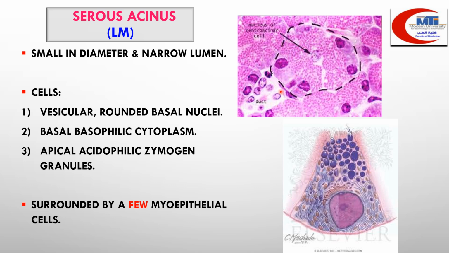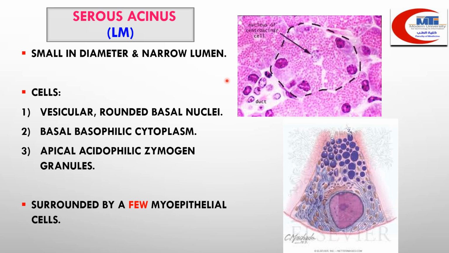The cells are pyramidal in shape with a rounded basal vesicular nucleus, basophilic striation of the cytoplasm, and apical acidophilic zymogen granules. As you see in the picture, pyramidal cells with basal, oval, rounded nuclei, apical acidophilic zymogen granules, and basal basophilia.